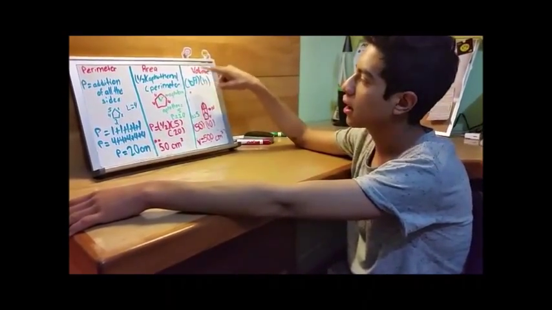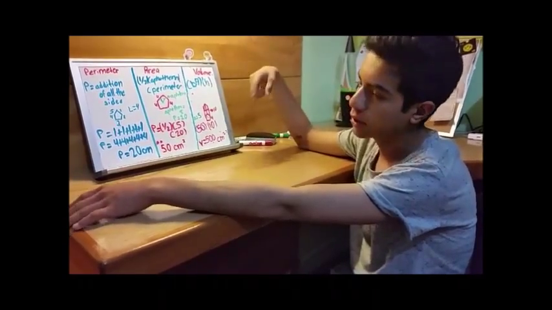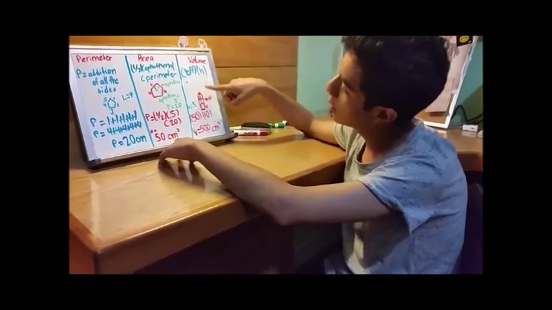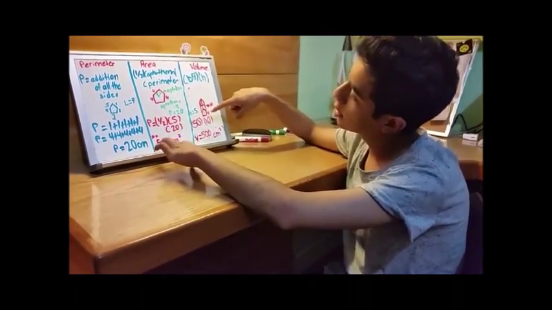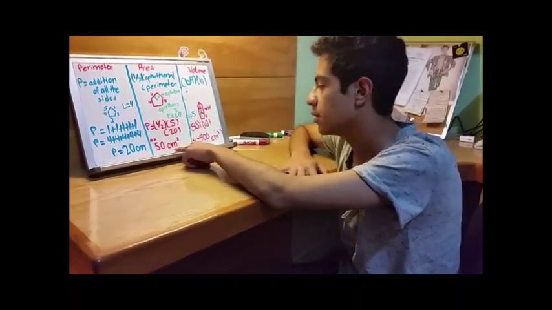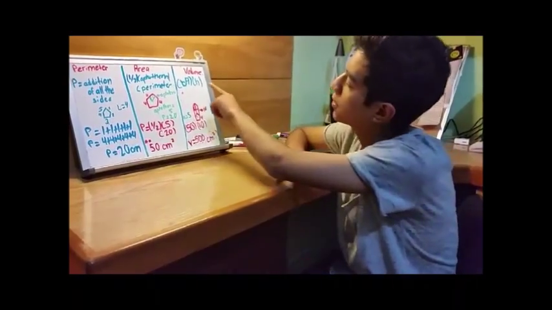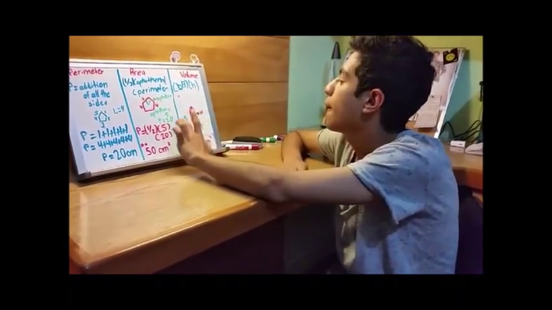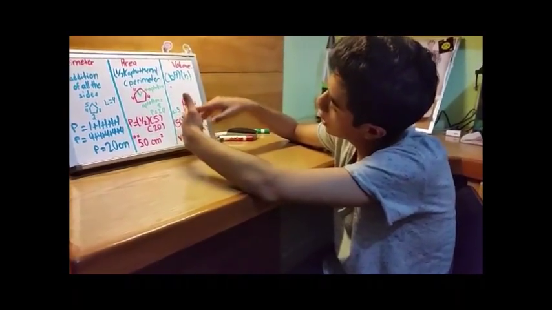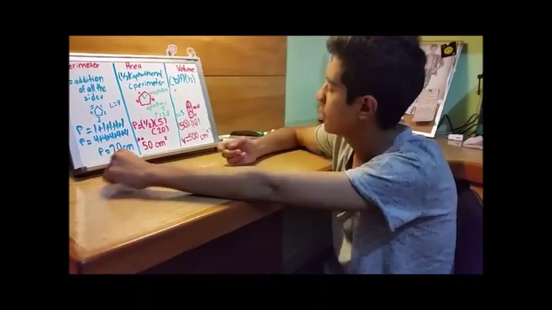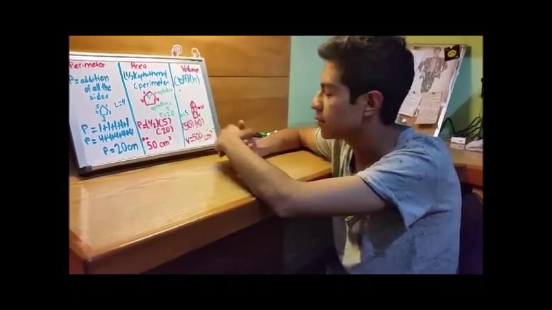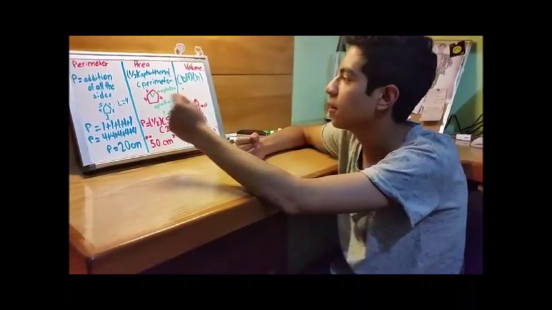This is the base area that we have calculated before, and so we take as reference the previous figure, so it was 50 square centimeters, so we substitute 50 square centimeters, and we know that the height is 10, so 50 times 10 is equal to 500 cubic centimeters. That is the volume of this prism.